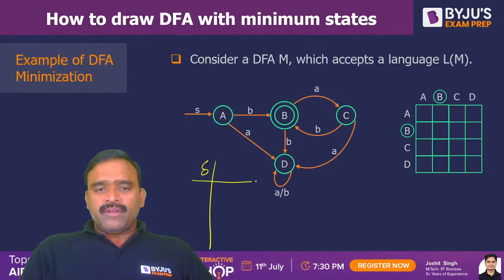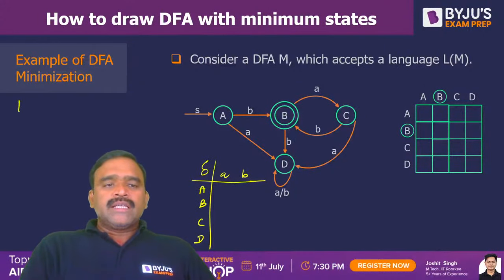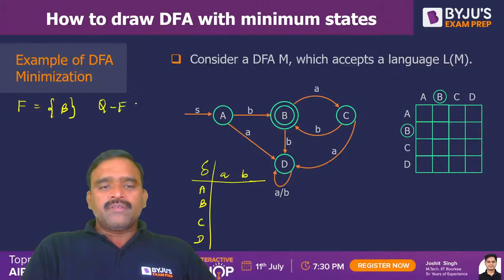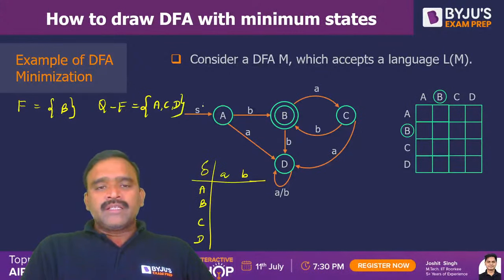This is the given DFA. A and B are the inputs, and the states are A, B, C, D. What is the final state? B is the final state. In the set of final states we have B. In the set of non-final states, that is Q minus F, we have A, C, and D. Am I right? A is the starting state.